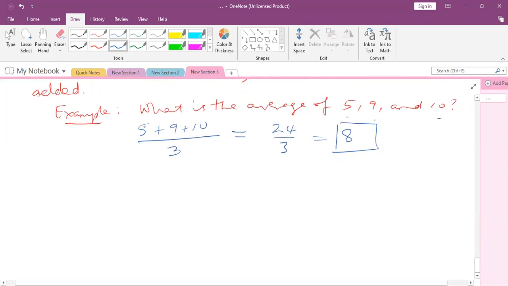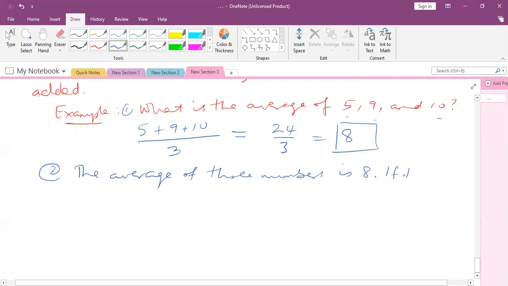Another way that you could have a question on average would be like this. I'm going to twist this question around a little bit. So let's say this was question 1, and let's call this question 2. Let's assume that the average of three numbers is 8.